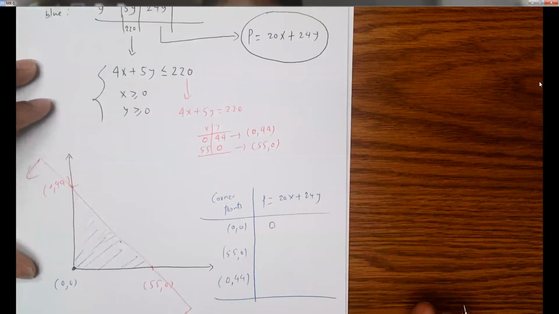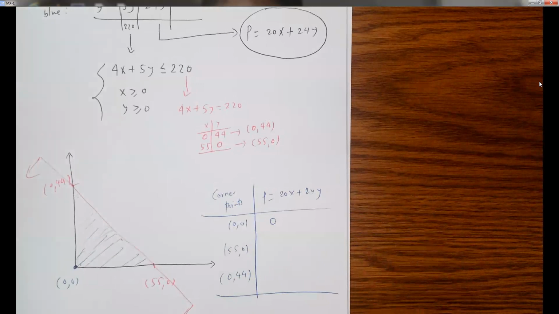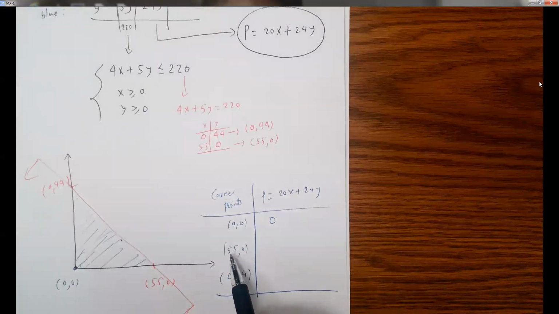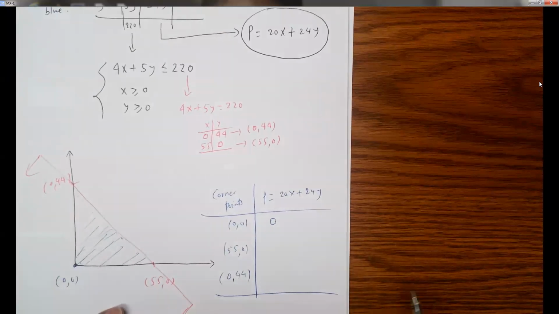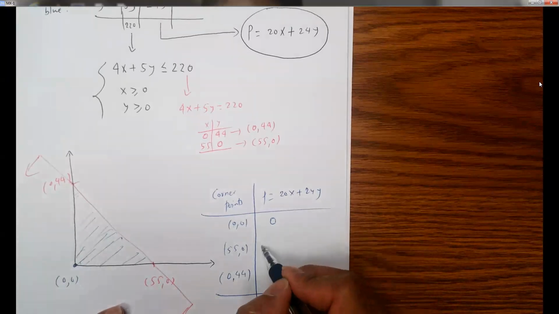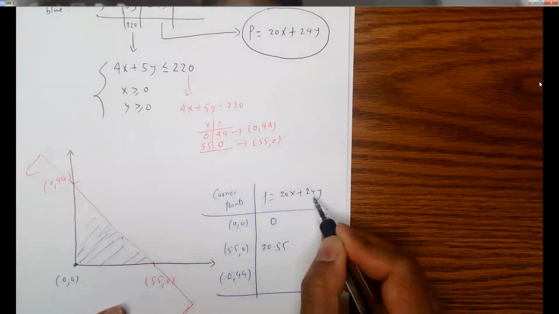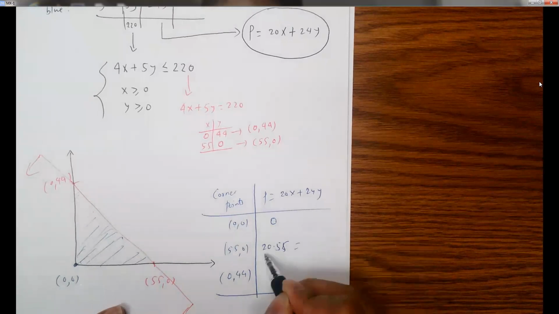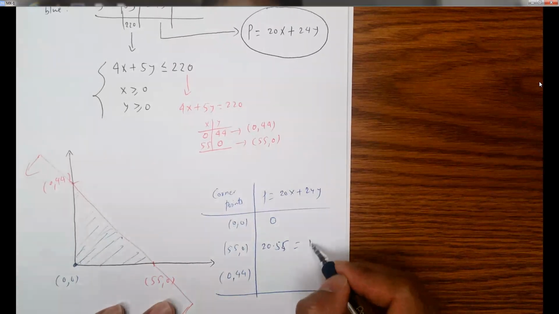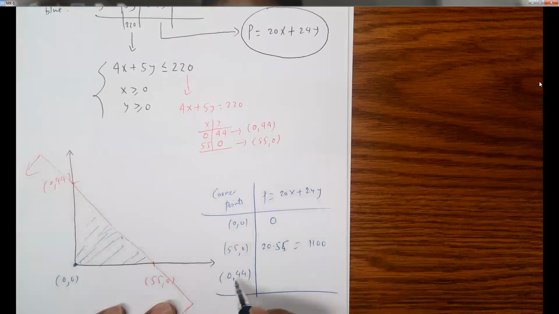And that makes sense. If you do not make any red pens or blue pens, then you will not have any profit. But if I make 55 boxes of red pens, then I need to just put x equal 55 and y equals 0. So that gives me 20 times 55, which is 1100. And here the x is 0 and y is 44.